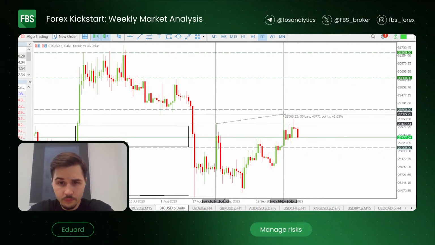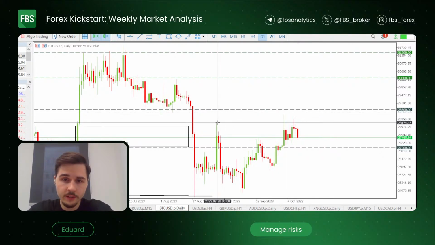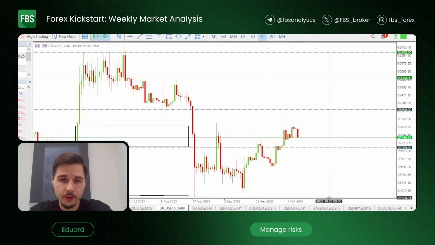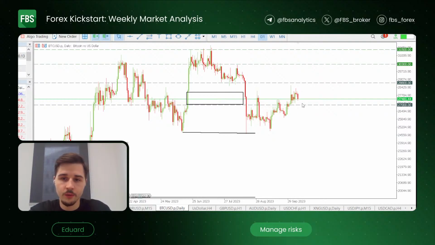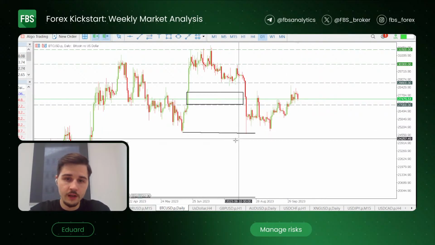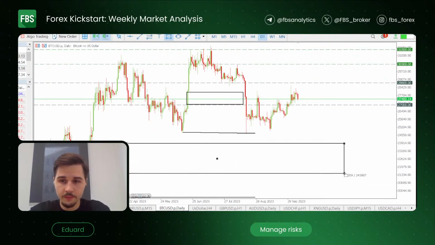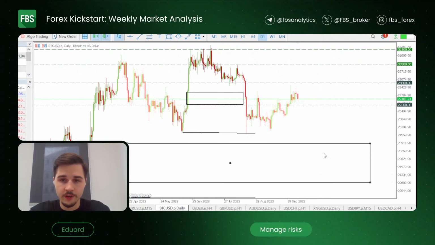So we have collected this liquidity, this price level, and we are about to go lower. I expect Bitcoin to plunge for the next several months, to break through this level and reach this big level, somewhere here.